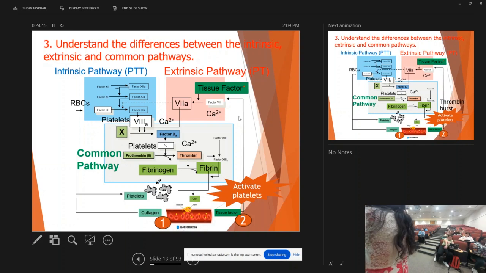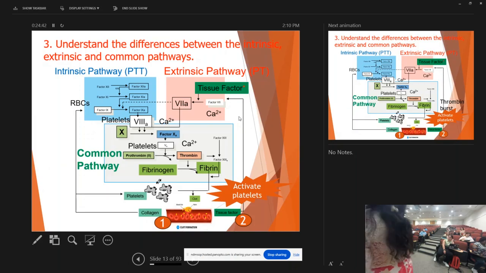But before we do that, let's look at the intrinsic pathway and then the convergence of the two. The collagen is exposed when you have an injury, and with the platelets and red blood cells, the exposed collagen activates these factors.